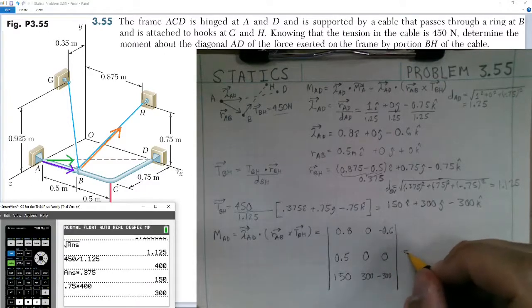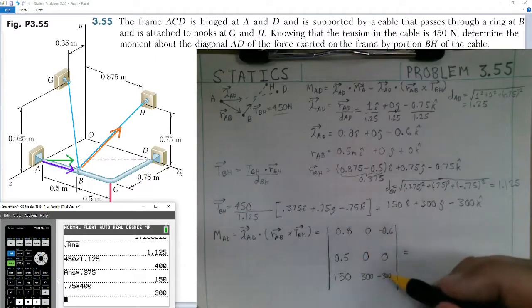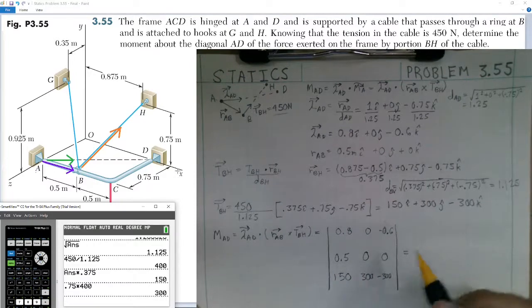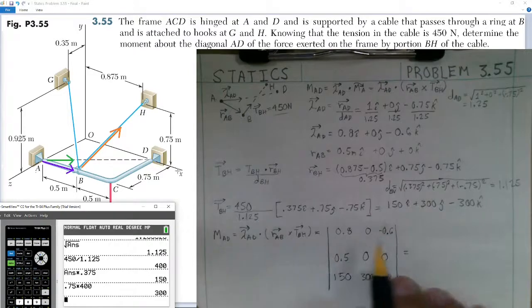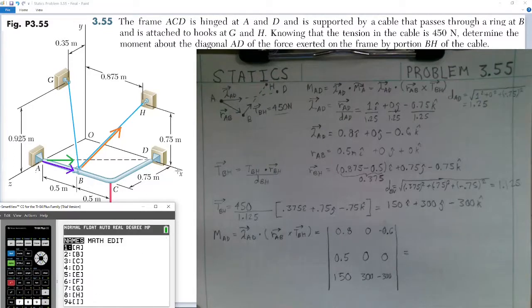So now to solve this, we can work it out. If we were to write out our columns again, going down to the right we add, up and to the right we multiply and subtract. However, because it's a scalar product for this moment about the axis A to D, we can also use a determinant function on a calculator. So we go to second, matrix, go to edit.